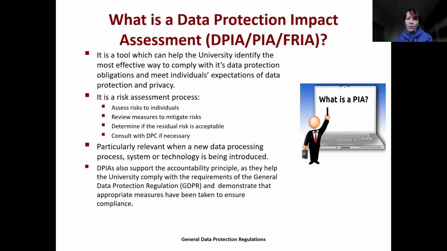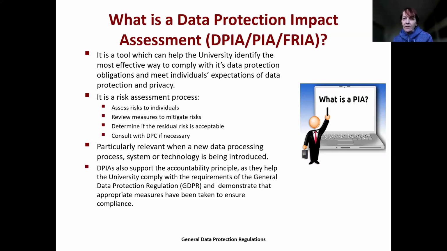They are interchangeable. So a data protection impact assessment is a tool that the university uses to assess the risk to individuals where their information is being used in relation to a process, a project, a new system, or anything else, for example, if you're conducting research. It looks at the risks that might exist in relation to using that data.